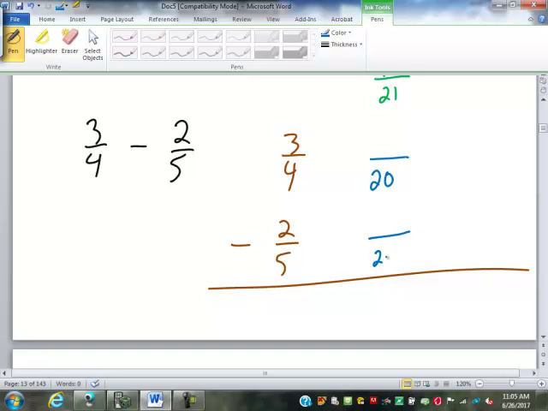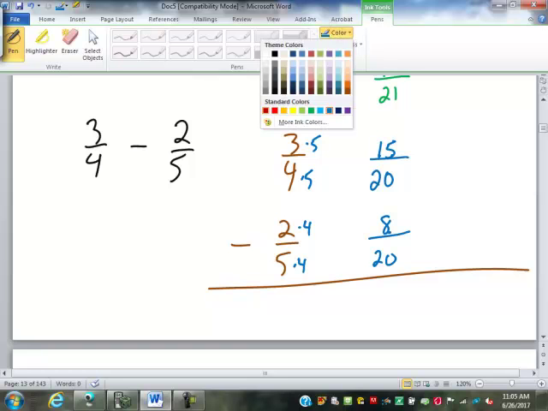Very good. So it's going to go here. 15. Good. 4 times 5 is 20. 3 times 5 is 15. What's going to go here? 8. Very good. 5 times 4 is 20. 2 times 4 is 8.